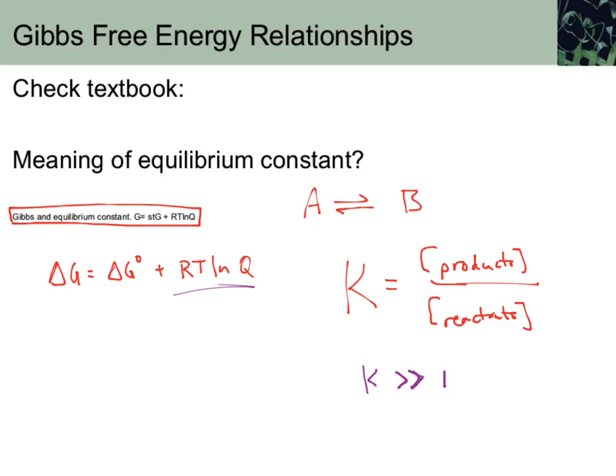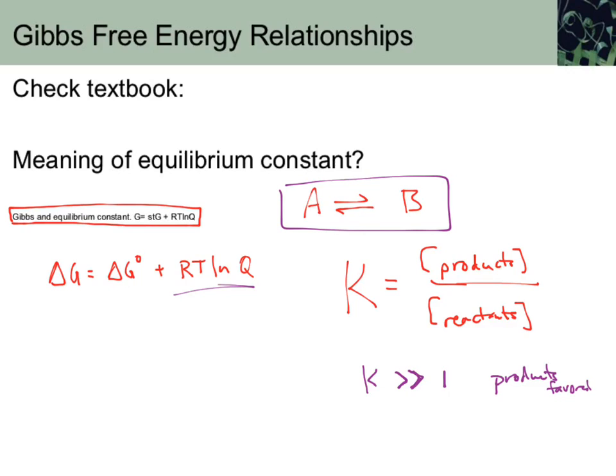So if I have a really large K, that's saying the products are favored. So if I go back and look at that reaction A goes to B, I would expect a large concentration of B to be present.